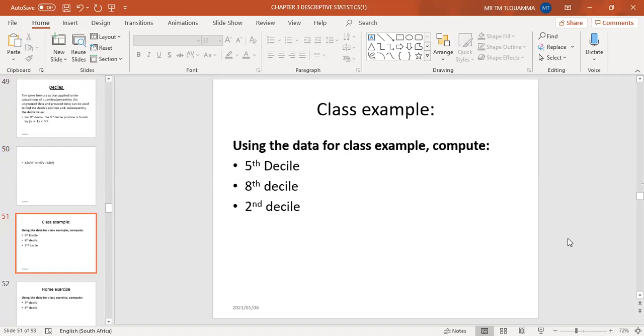So using the data set, let's do only one example for calculating the 80th decile. The 80th decile is equivalent to 10, meaning we're going to divide by 10, no longer 100 or 4, because quartile is 4.